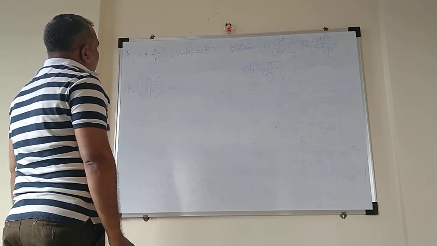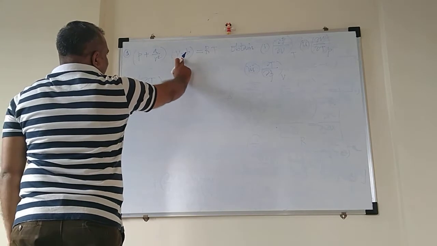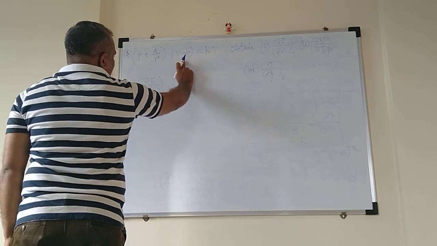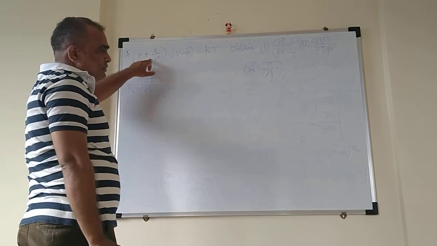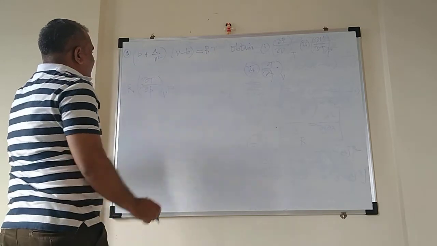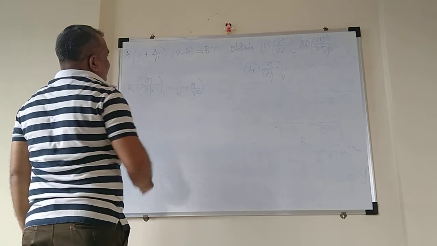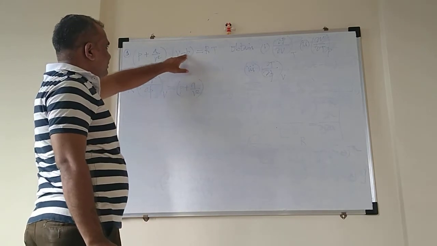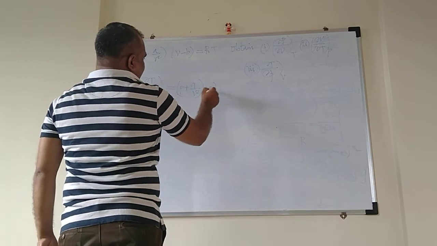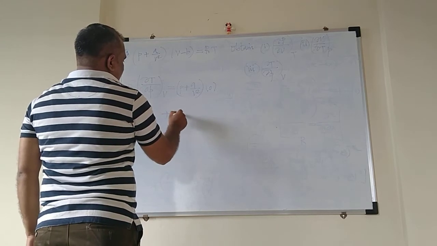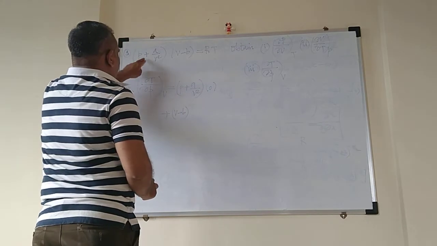And differentiation of the second bracket goes to 0, or you can consider this as a first function and this as a second function. So first function into differentiation of second, v is a constant, b is a constant, so differentiation of second is 0, plus second function into differentiation of first.